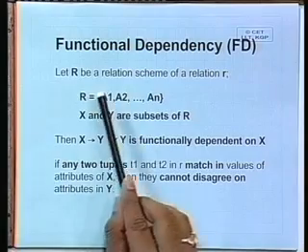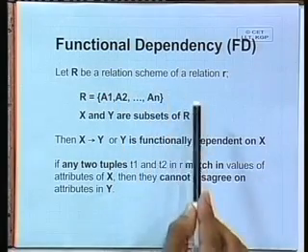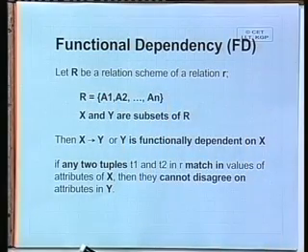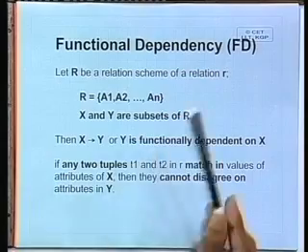So, a given relation schema can have a number of relations depending on what data is stored there, what are the different tuples of different tables at a given point of time.